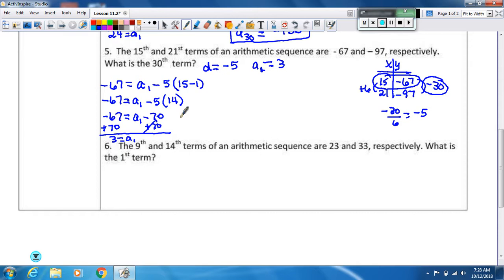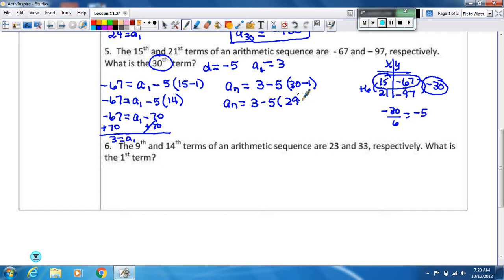So then I take the general formula AN equals A1 plus the common difference, times, we're looking for the 30th term here, so 30 minus 1. So AN equals 3 plus negative 5 times 29.